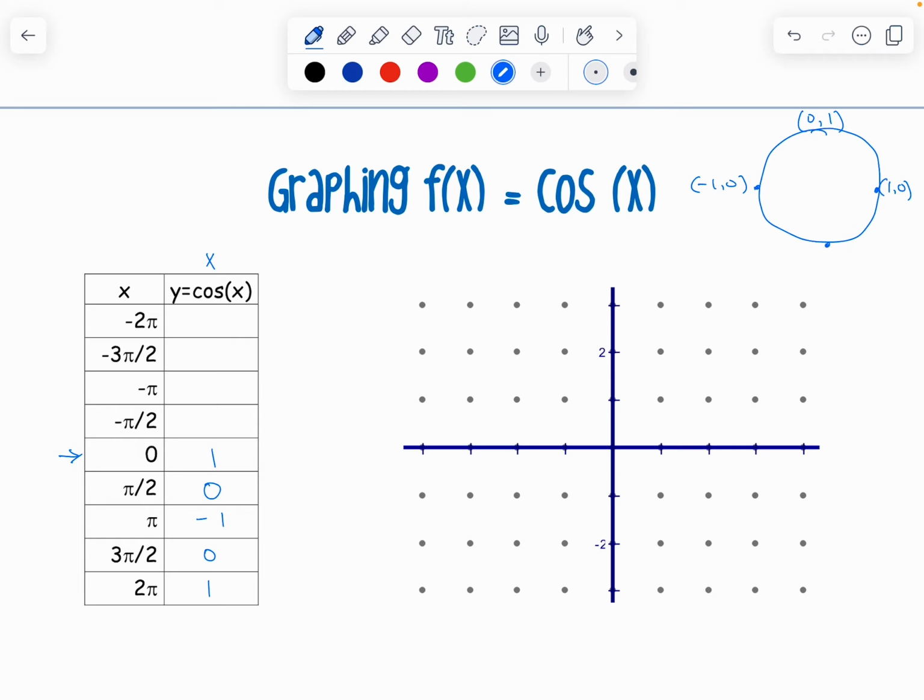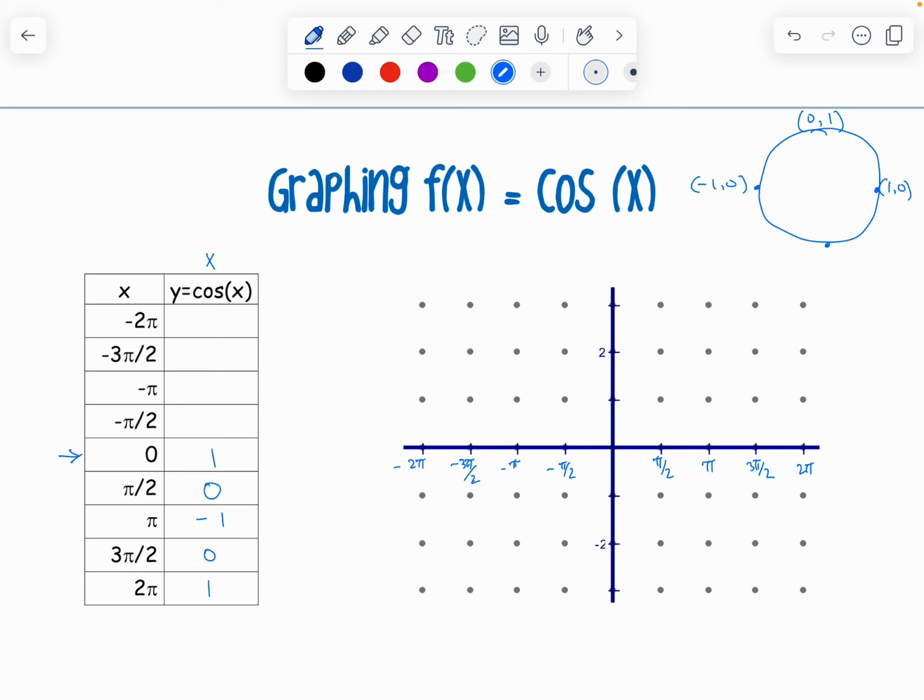So what I'm looking at here is, let's put in our radian measures along the x-axis: pi over 2, pi, 3 pi over 2, and 2 pi, and then negative pi over 2, negative pi, negative 3 pi over 2, and negative 2 pi.